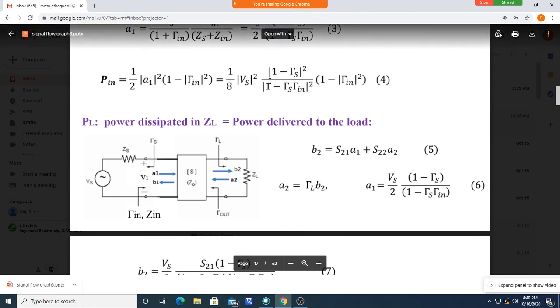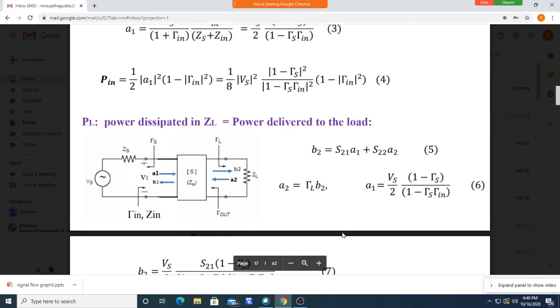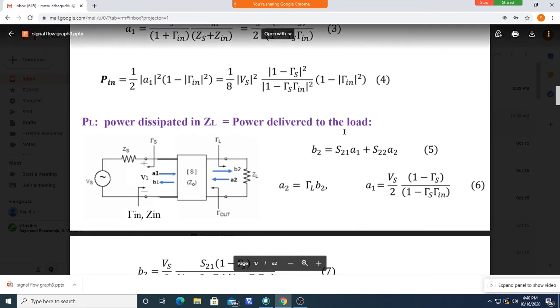So that's why you should calculate this. PIN is the actual power. That is one definition: the power input into the network is represented by PIN. You can use that equation like this.